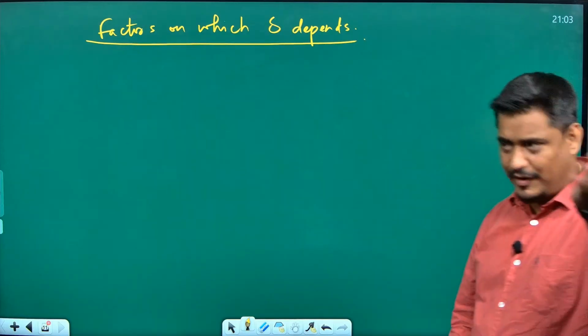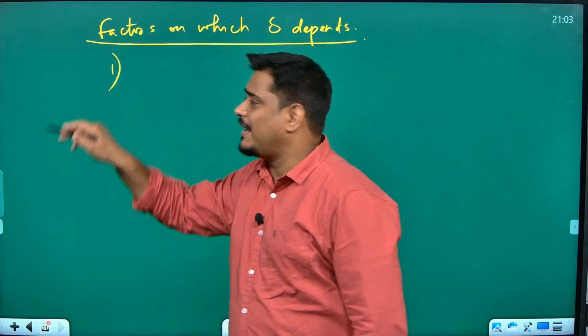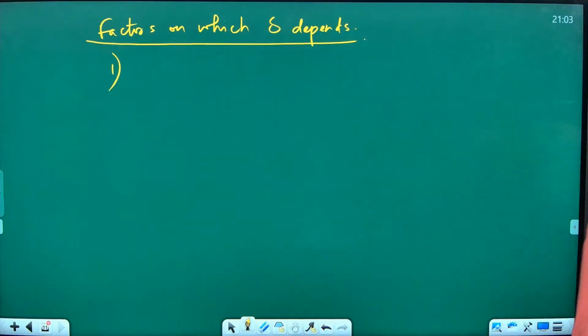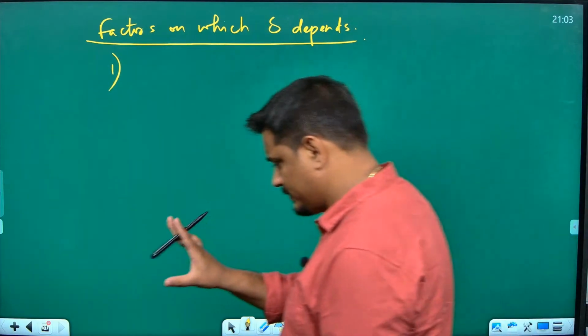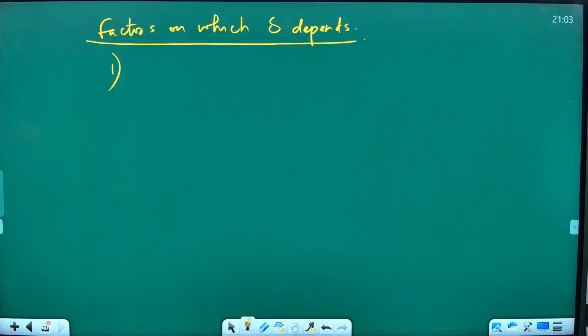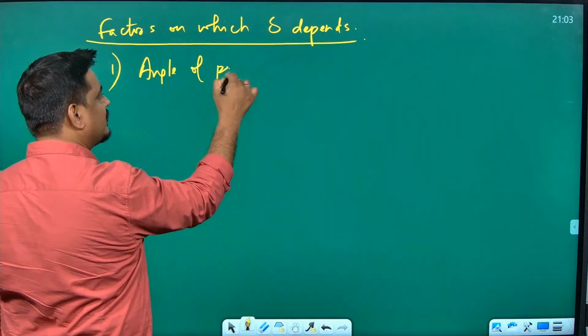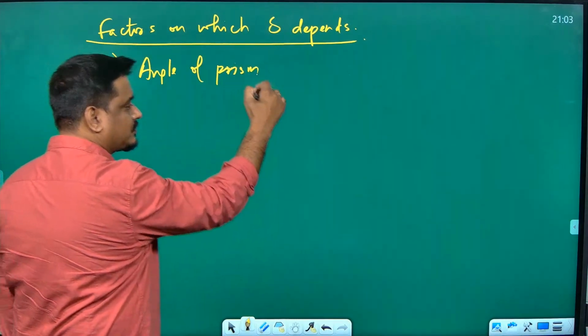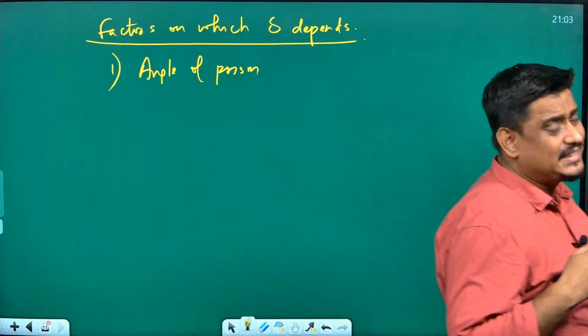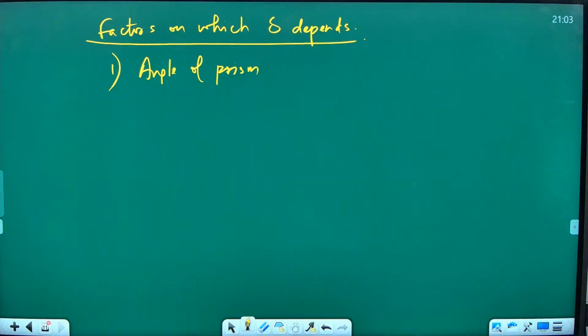So write the factors first. The first factor is angle of prism. I will explain this to you, angle of prism. The second factor is refractive index of prism.